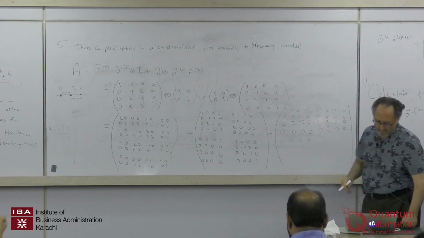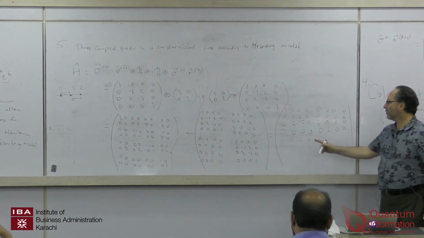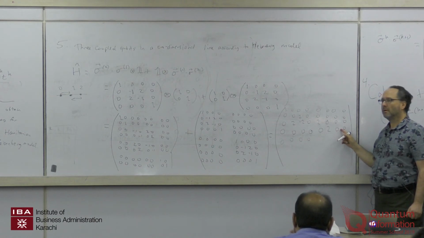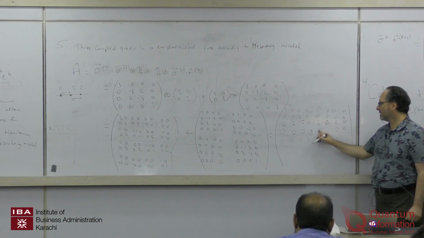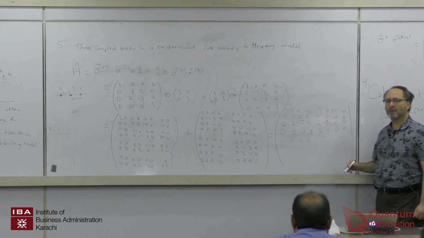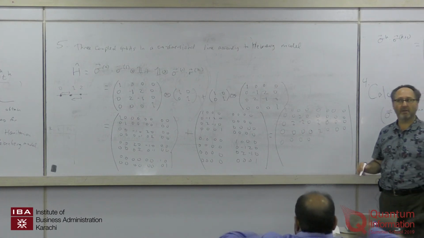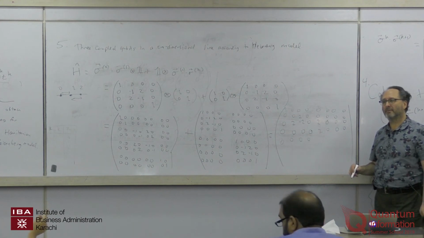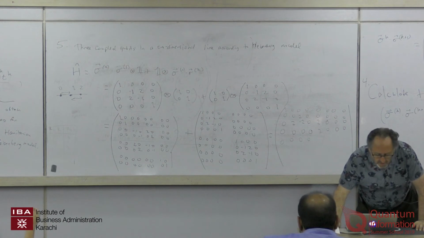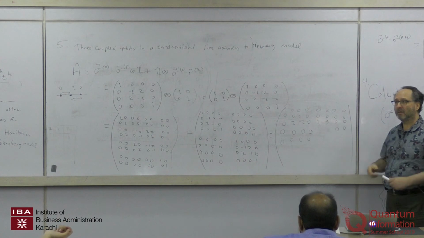Okay, what do you guys think? 4 zeros, then 3 zeros, then 2, then 3 zeros. Oh, you mean swap these? In the bottom. 5 zeros, 2 zeros. Okay, that's what I had before. You agree?